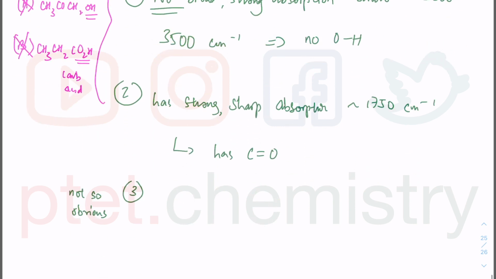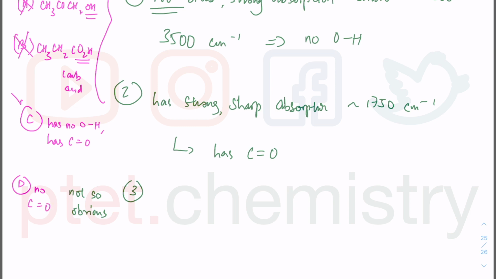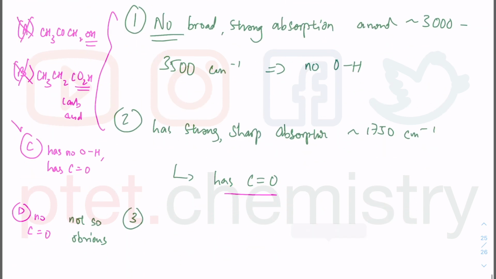So between C and D, how do I decide? Well, the answer is obviously C, because this one has no OH but has C double bond O, whereas if you look at D, there is no C double bond O at all, but of course we have this C double bond O, which is around 1750 wave number. Very strong, very sharp absorption that hopefully you can see and tell.